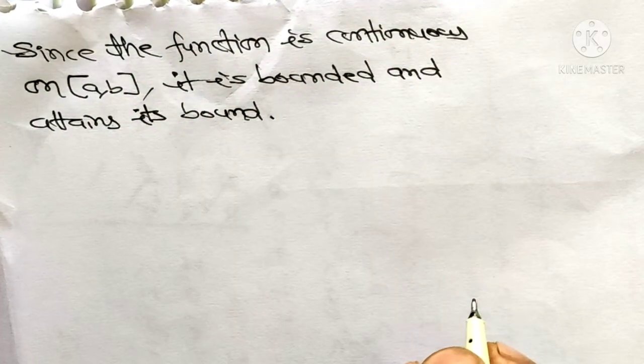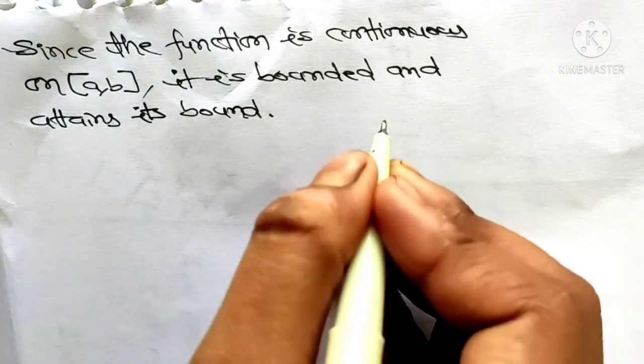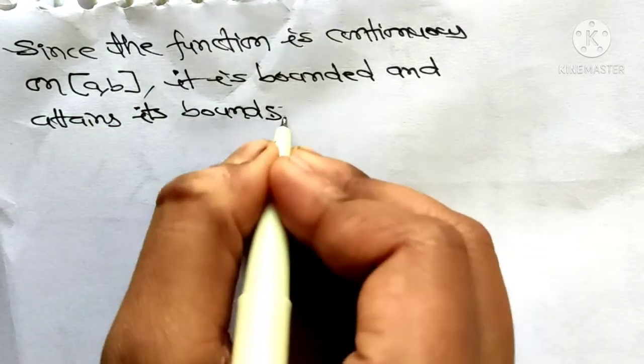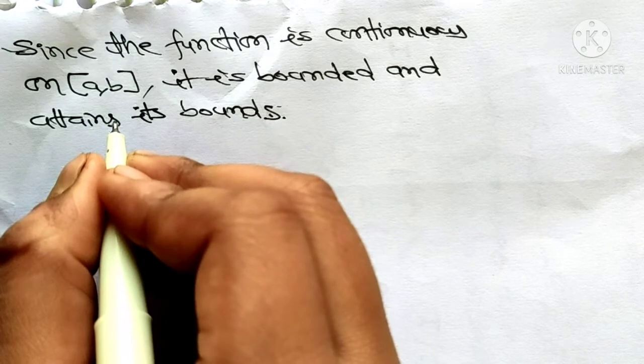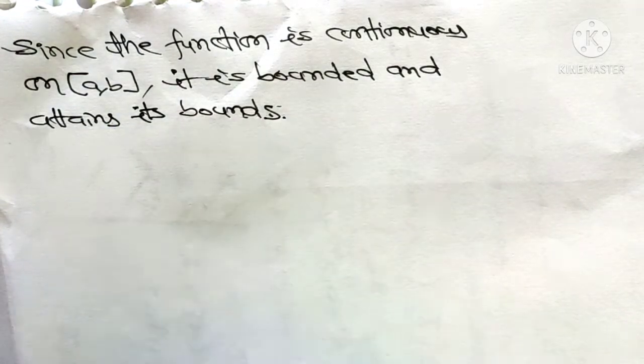This is the theorem: if any function is continuous in closed interval [a, b], then the function is bounded on that closed interval [a, b] and it attains its bounds. That means there exists a least upper bound and greatest lower bound of the function.